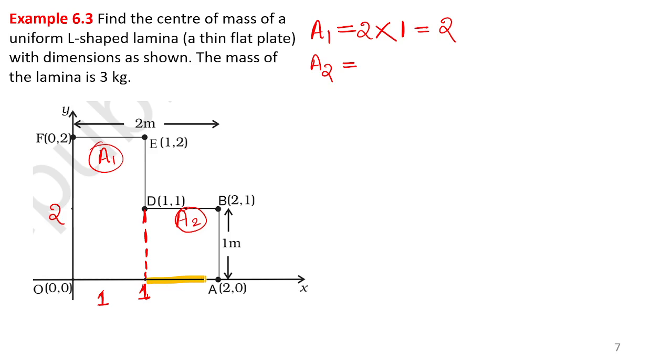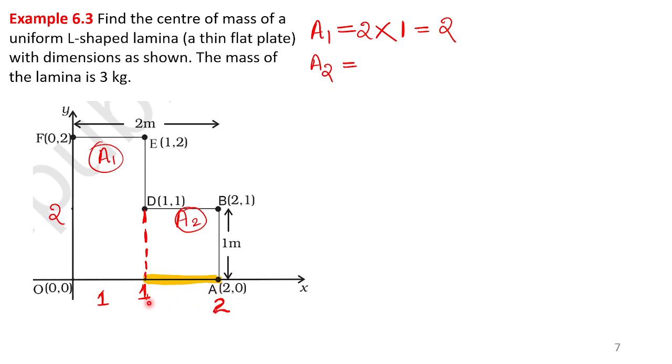What is this length? Tell me, anybody. This one. It's very easy to understand. You don't know? This is 1 and A has x coordinate 2 from the diagram, right? It's very simple. A having coordinate (2, 0) means that A is at 2.